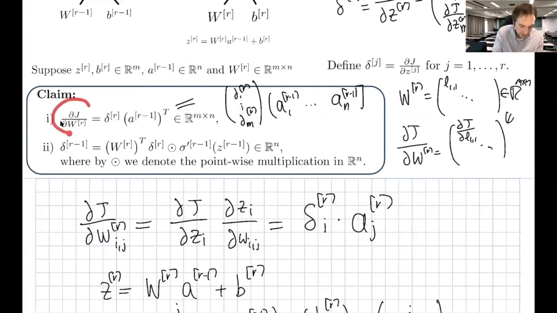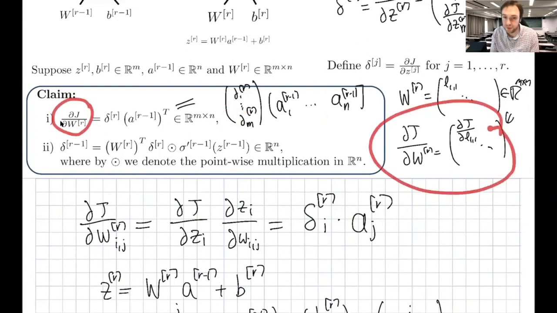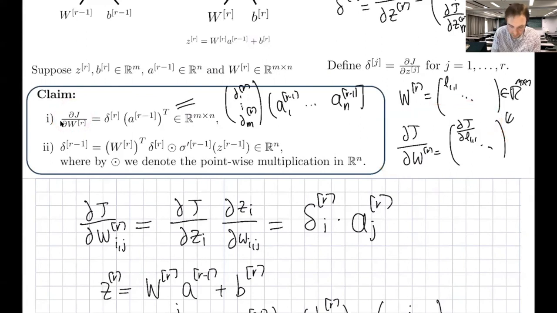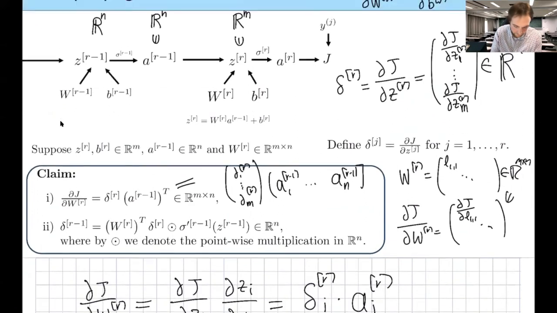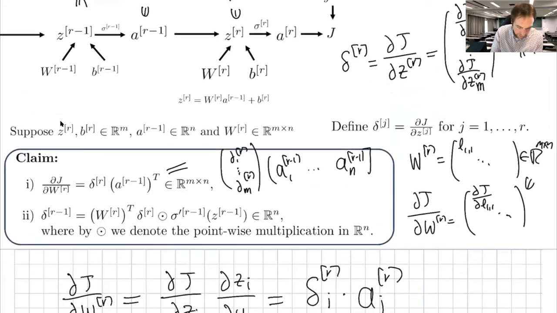So this matrix, which contains the derivatives of J with respect to the w, is exactly given by this product of this vector with this vector. Yes, and this gives this matrix.